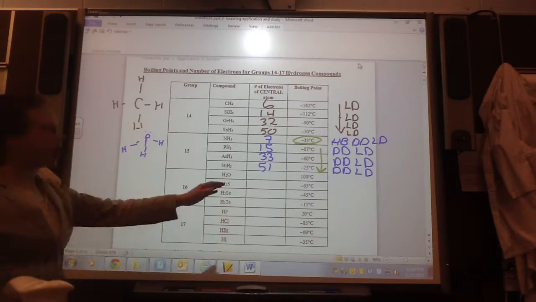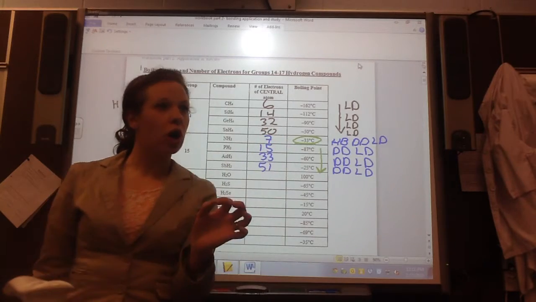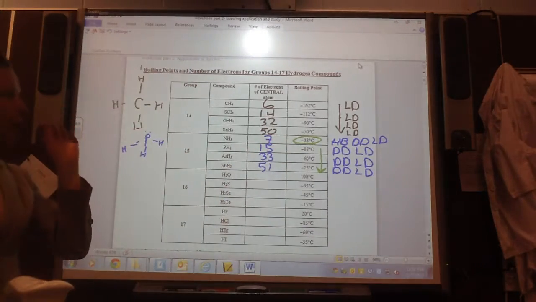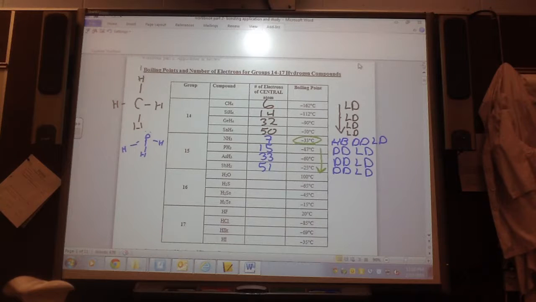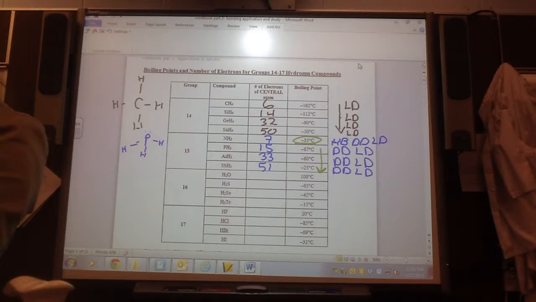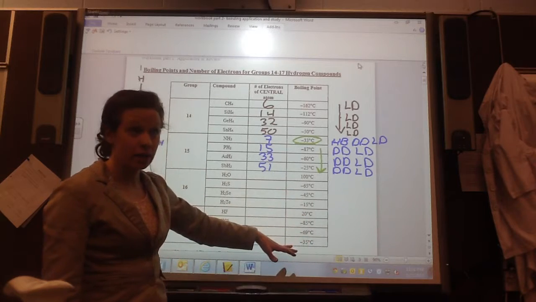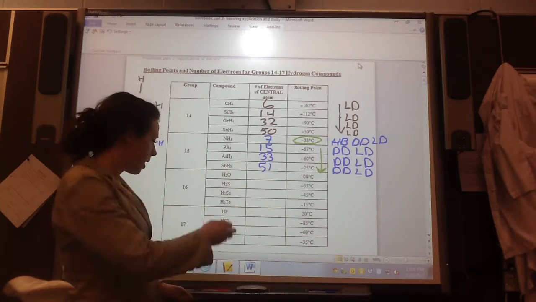So this one is kind of an outlier because it has that hydrogen bond and it's so much stronger. So it's a pretty high boiling point for being the top of the group, right? It doesn't have the amount of electrons, so it has lower London dispersion, but it has that hydrogen bonding, so it's very strong, okay? So that explains that, and then you see the similar pattern in the rest, okay?